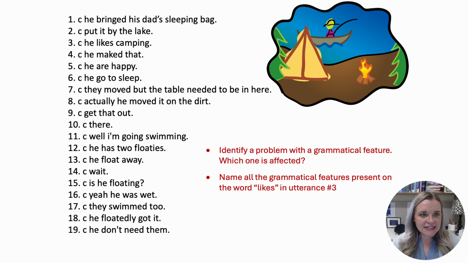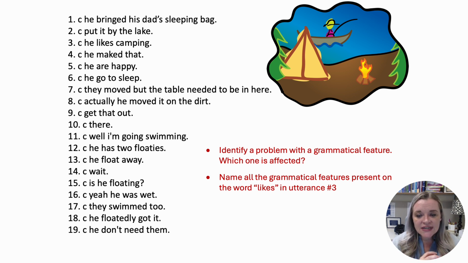There might even be more that I skipped over, but those are all places where we find an error. We can look at it and say, is there a grammatical feature on that utterance or on that specific morpheme? And if so, is it indicating that this child is struggling with one of those features, and which one would it be? It's one of those analysis skills that you can just practice.